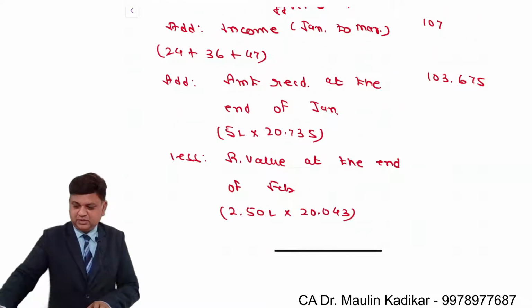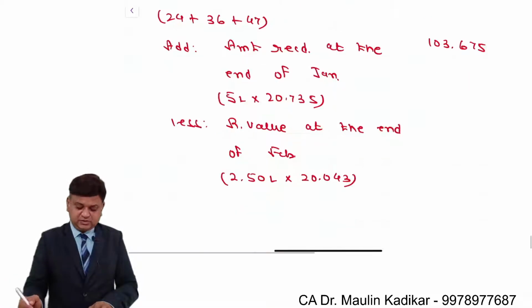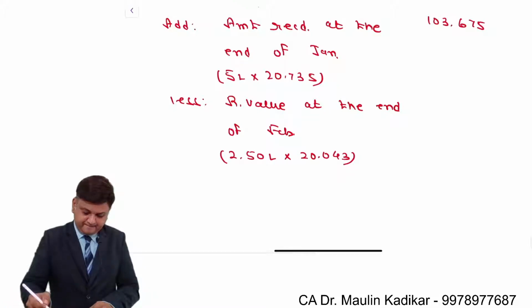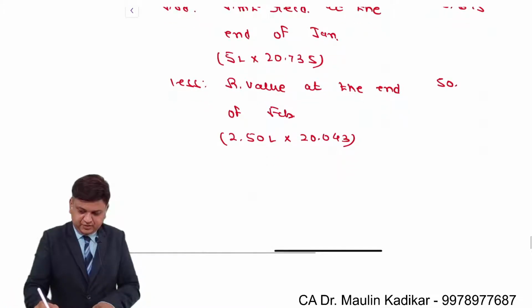So 2,50,000 into 20.043. That comes to 50.1075.